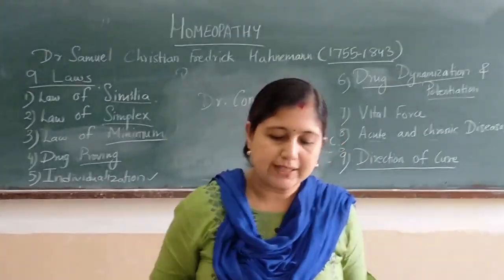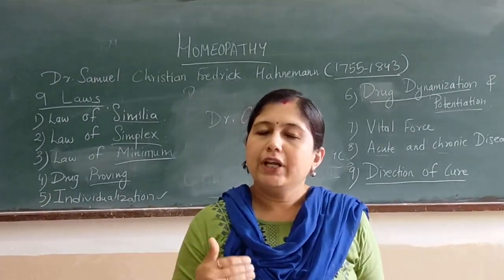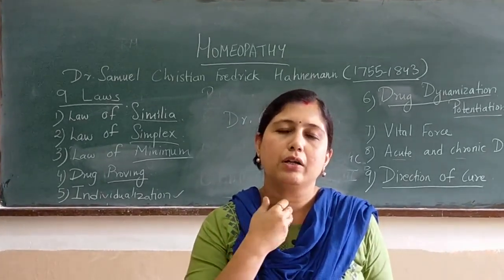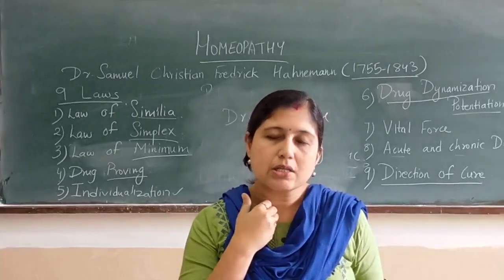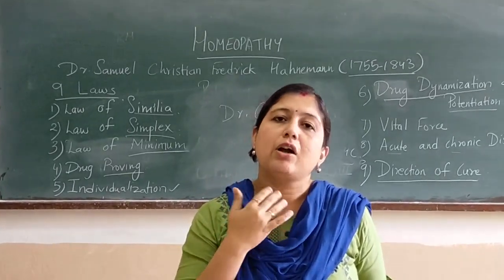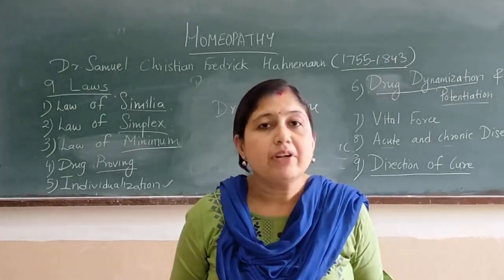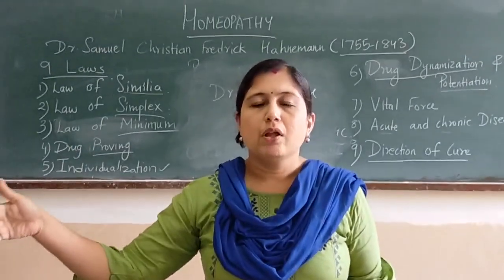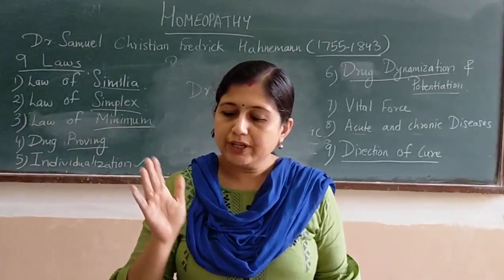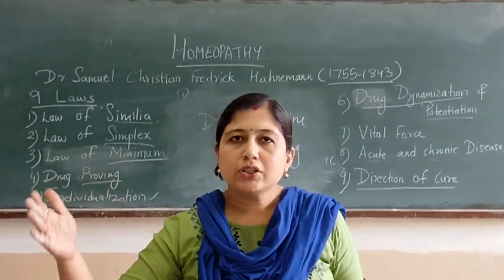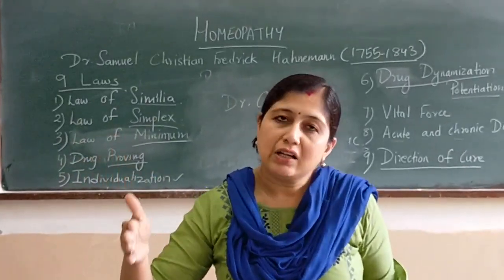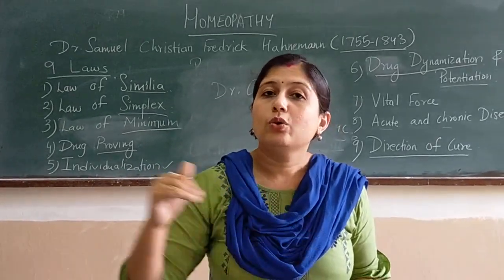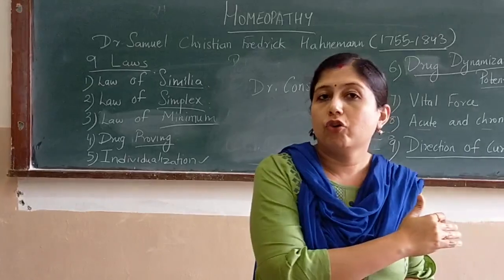If I give you the example of cold and cough, in the initial state we have an itching in the throat, gradually there is a change in the voice, then there is a running nose, then the coughing comes, and then at the later stage we have a dry cough. So this is the way in which cough and cold comes. Now if a homeopathic doctor is treating him, he will say that first the dry cough should go, then the cough should go, then the running nose should go, then the itching in the throat should go. So it goes back in the reverse order.